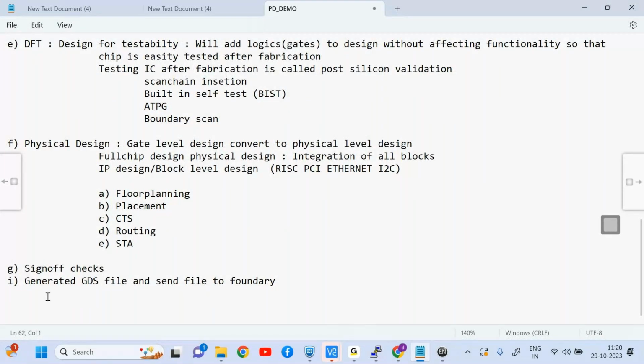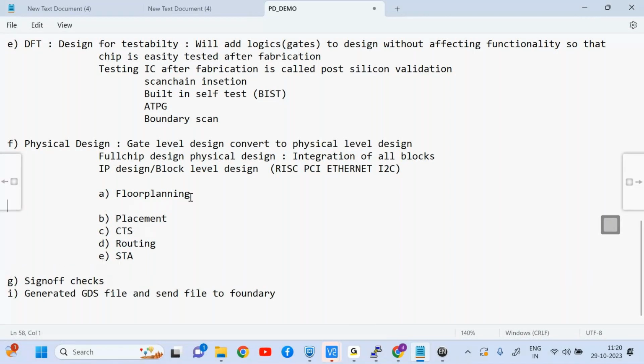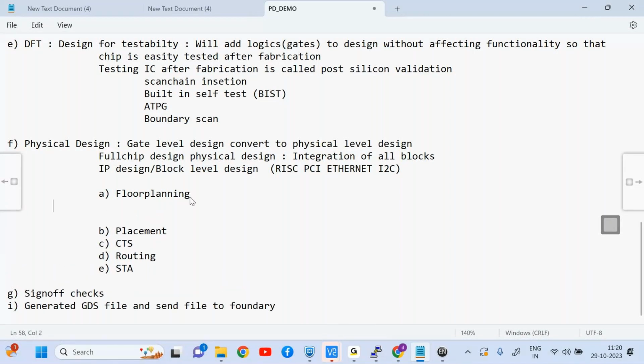So floor planning. What is floor planning? For your block or your IP, whatever you are designing, first you have to estimate the area and create the core area and die area. From the netlist, you will know how much area is required for your block.